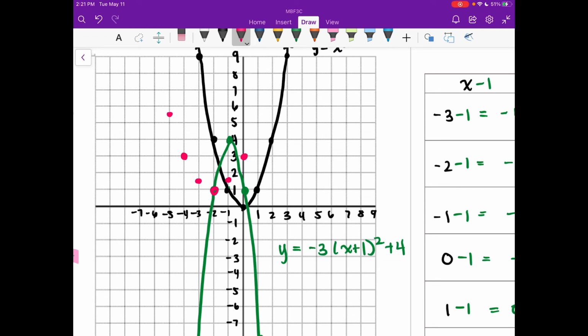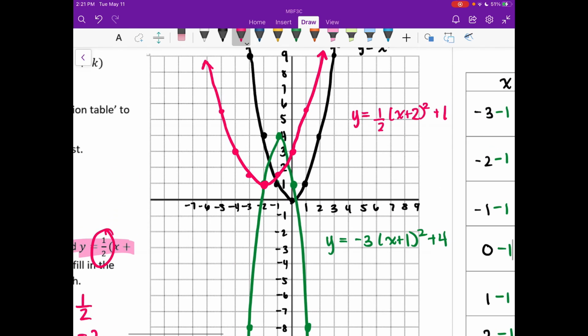And then last but not least, 1 goes up to 5.5. So my graph looks something like this, right? So that's going to be y equals 1/2 times (x plus 2) squared plus 1.